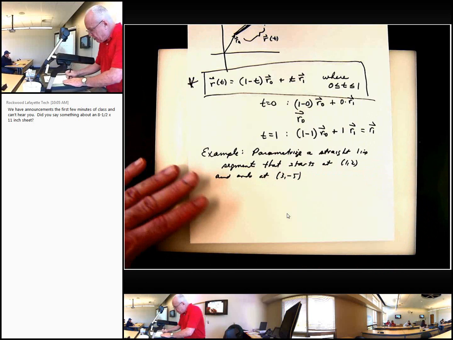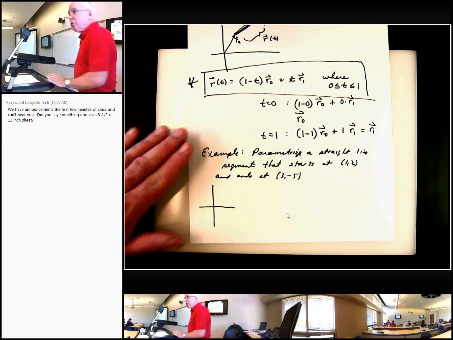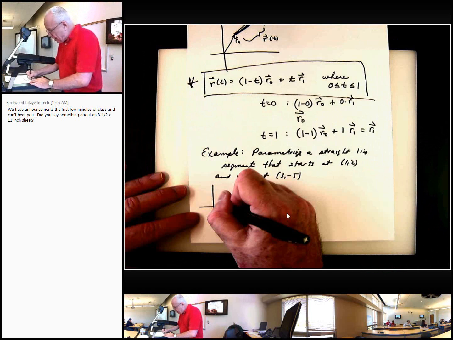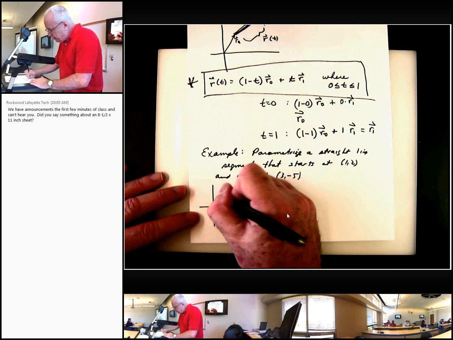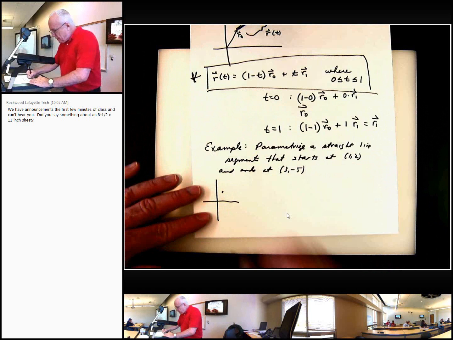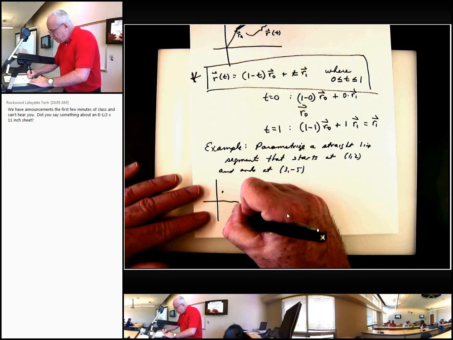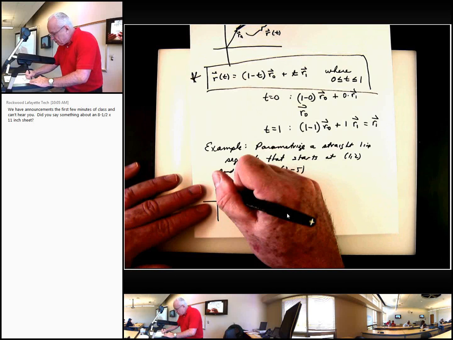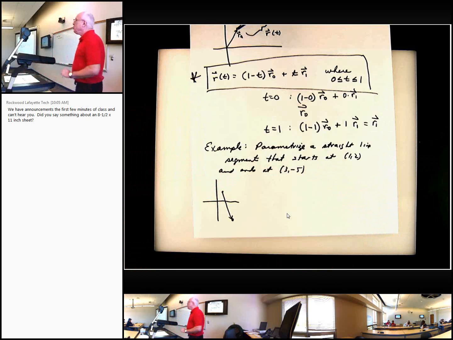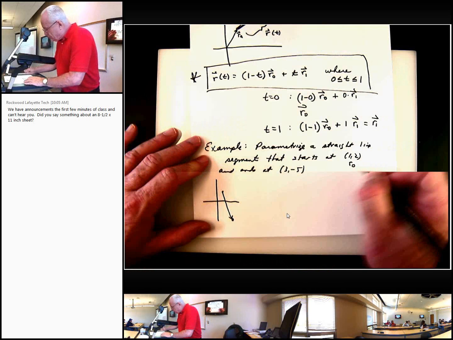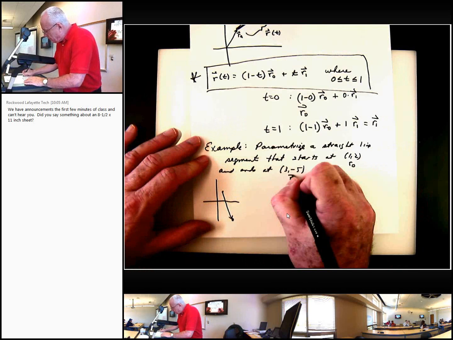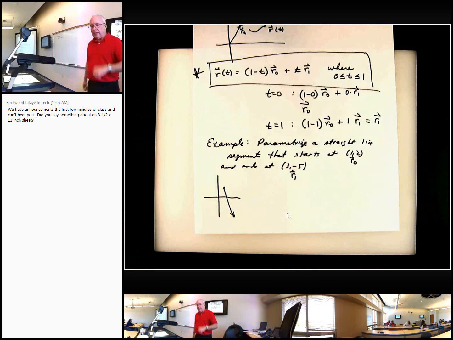Of course, there's no need to really graph this, but if we graph it, (1, 2) would be somewhere like this, and (3, -5) would be somewhere down like this. So this is the line segment that we're talking about, going from one to the other. Basically, this is our r 0 right here, and this is our r 1. It starts with that and ends at the other one.